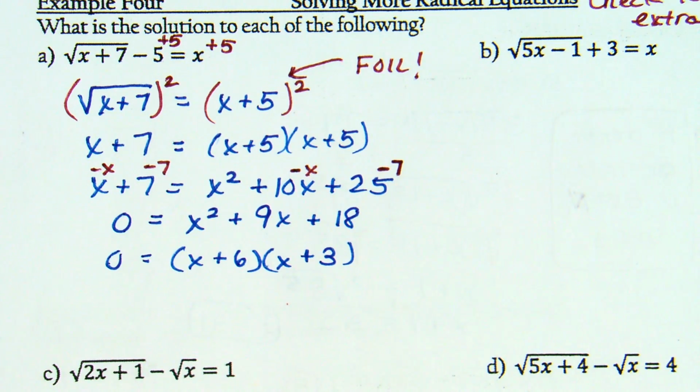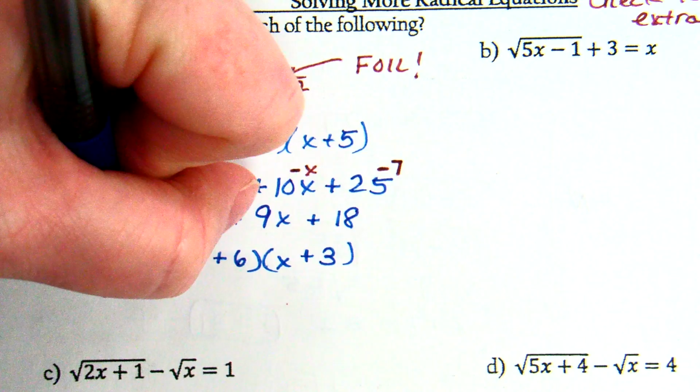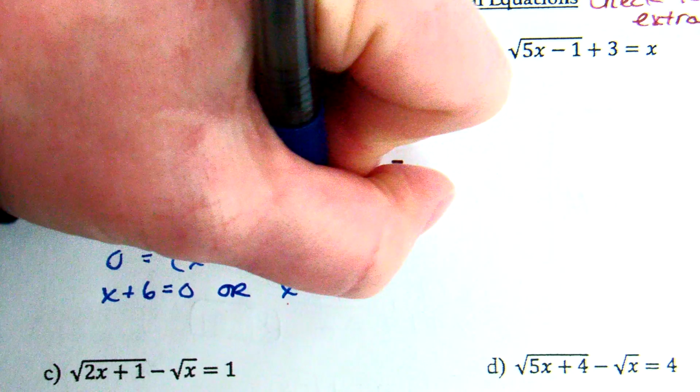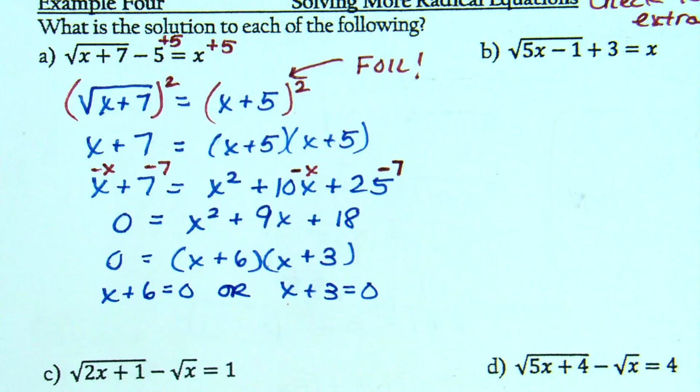The zero product property says if 2 pieces multiply to equal 0, one of them has to equal 0. So we set them both equal to 0 to find our possibilities. x plus 6 equals 0, or x plus 3 equals 0. Solve those.